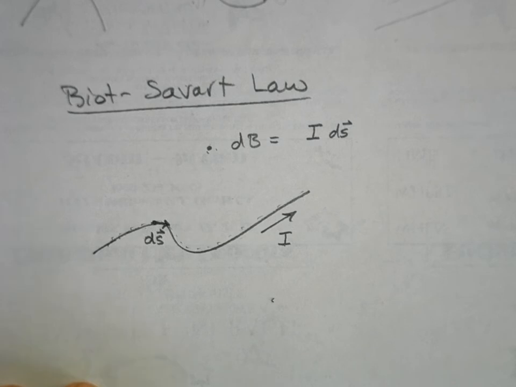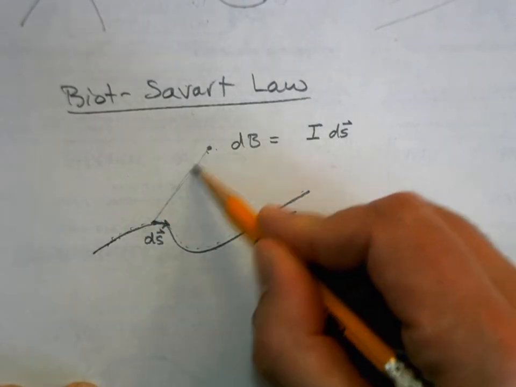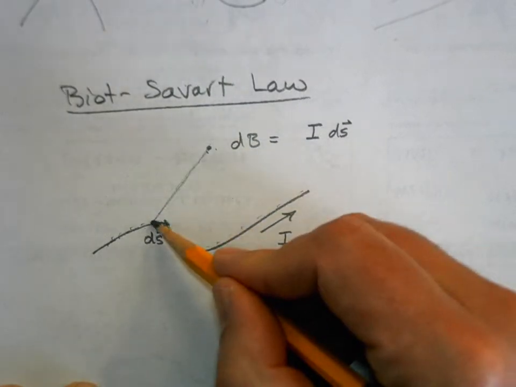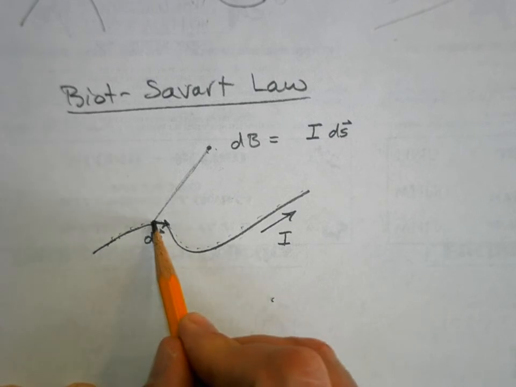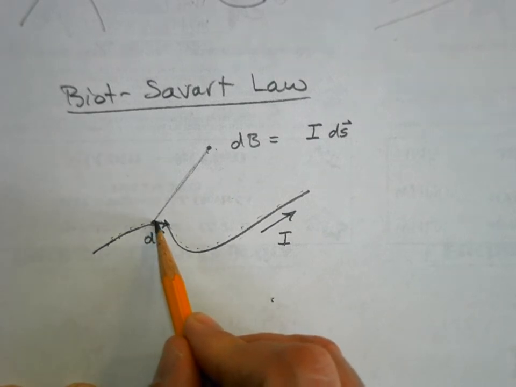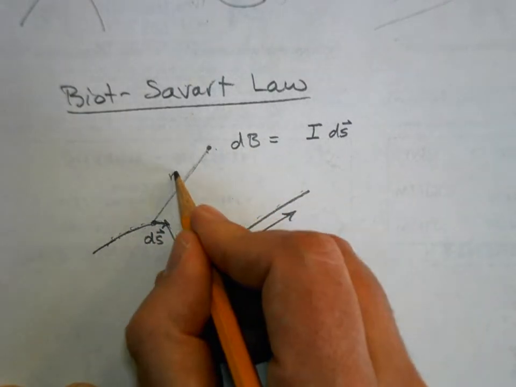Okay, now let's take a look at this distance here. This is how far away my infinitesimal little displacement along the wire is from my location in space. We're going to call that r.